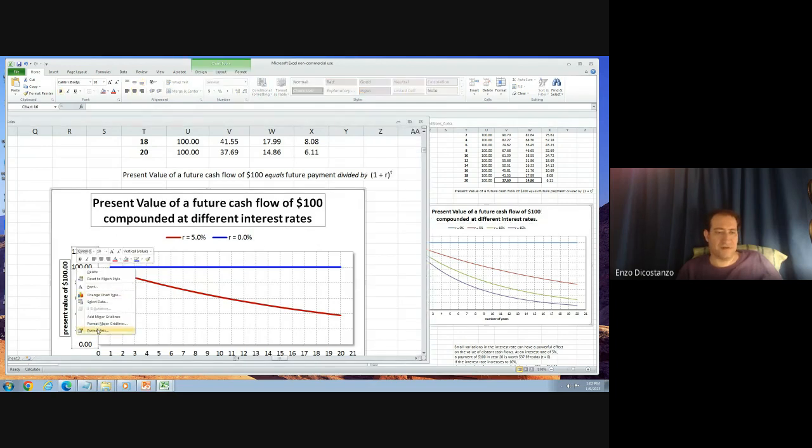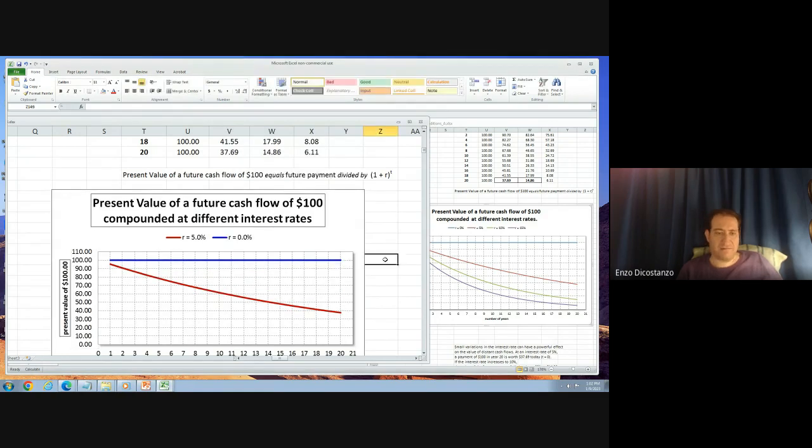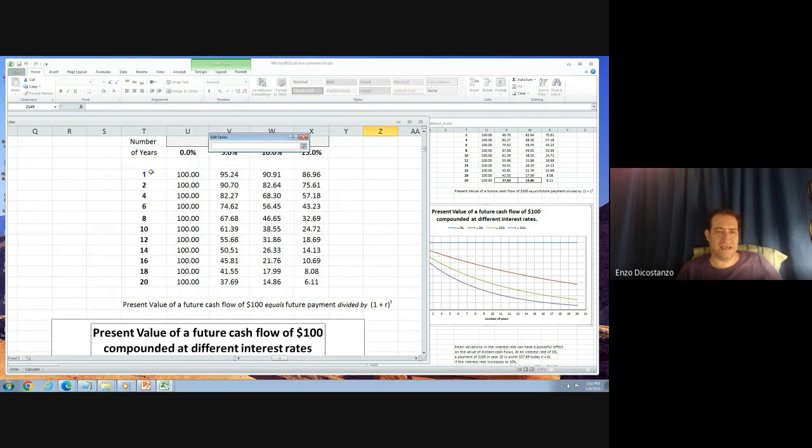And with this, format the vertical axis, the major unit, we want them by $10 pieces, and the maximum, not 120, but 110. Okay. You get 5%, 0%. Let's do 10% now. Again, select the data, add X. This is the same 1 to 20.